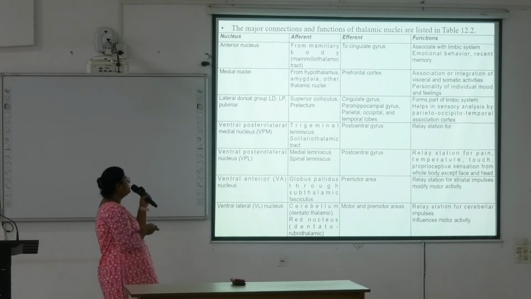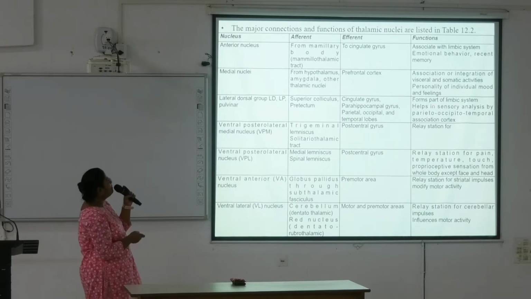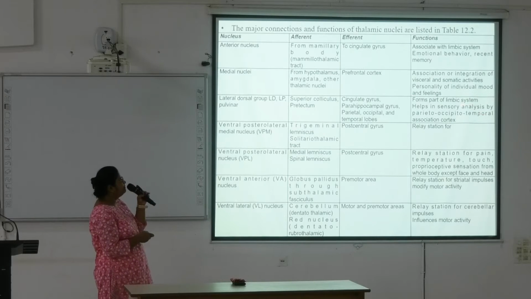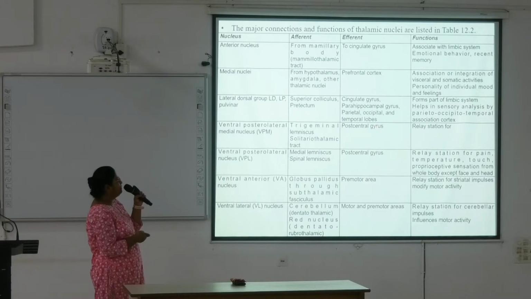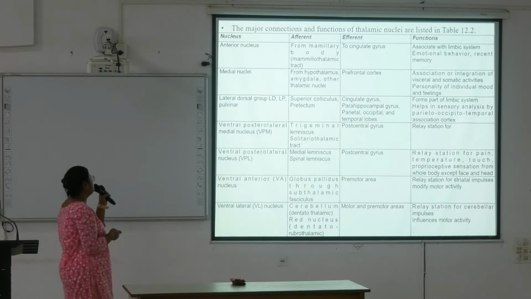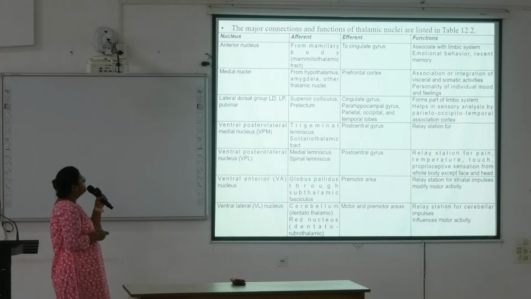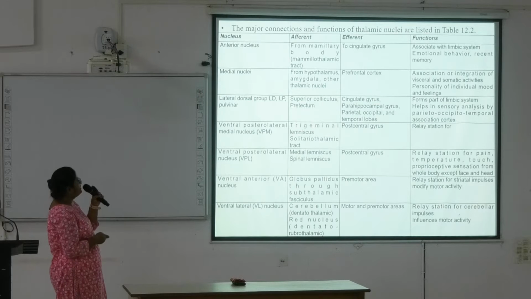From there you can correlate. And what are the functions of the dorsal group? It forms part of the limbic system and helps in sensory analysis by the parieto-occipito-temporal association cortex. Okay. Next is VPM, ventral posterior medial: trigeminal lemniscus and solitary-thalamic tract.